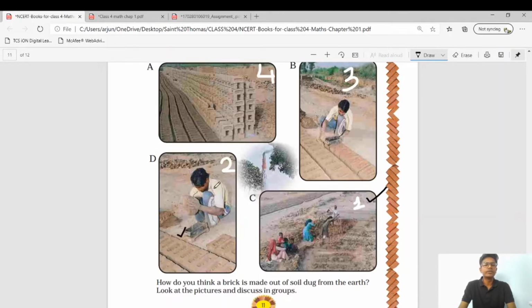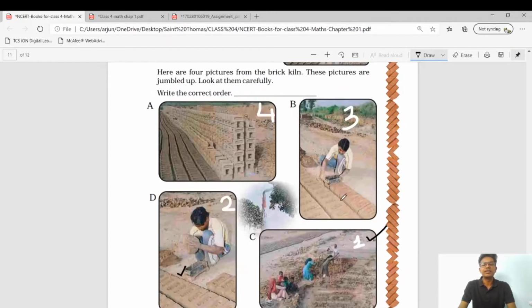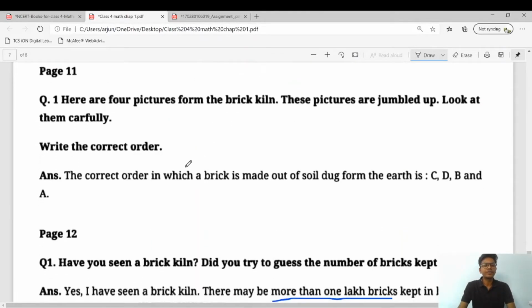So 1, 2. Now the third one will be like this. They will arrange the bricks in order, and then the fourth, and then the bricks will be kept for drying. Okay, so the correct order in which a brick is made out of soil dug from the earth is C, D, B and A.